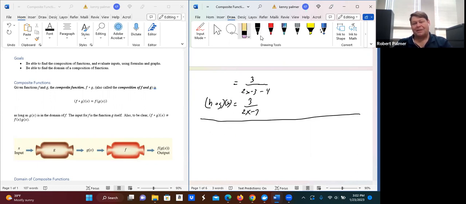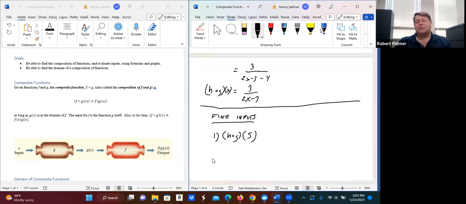Or actually, I should probably say find the inputs. So number 1, let's say that I use this function I just did, h composed with g of, let's see, what should I pick? Just something simple like 5.